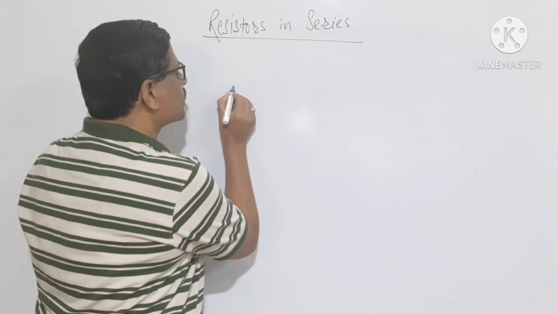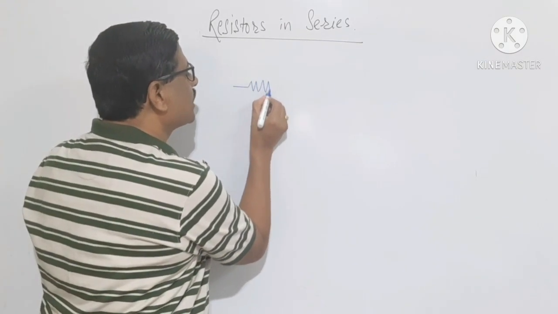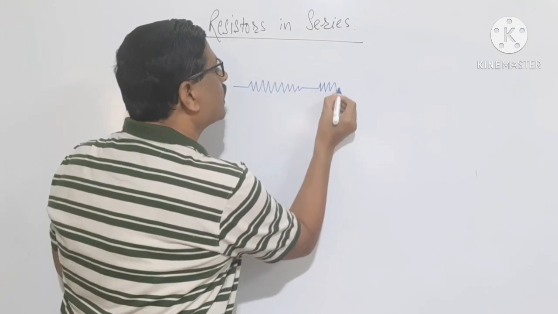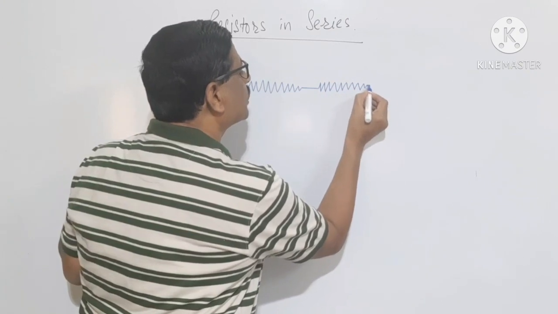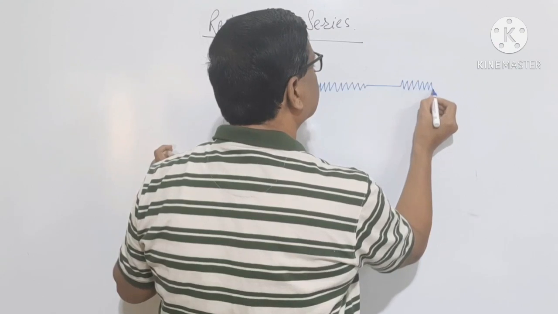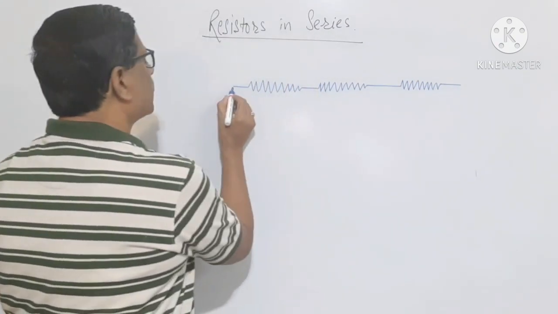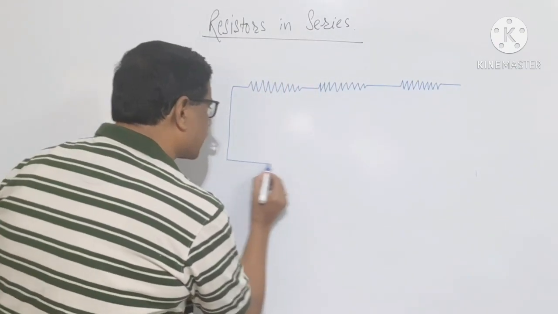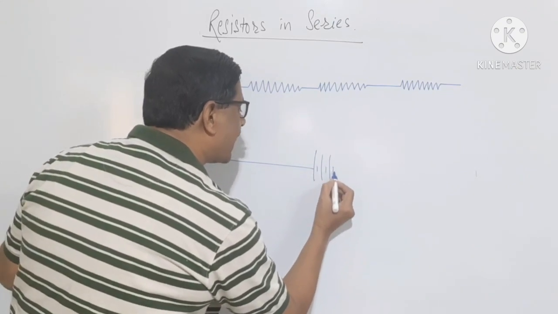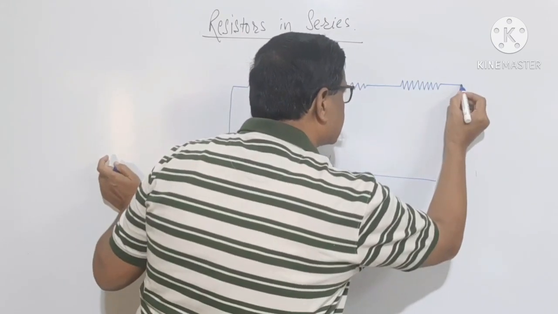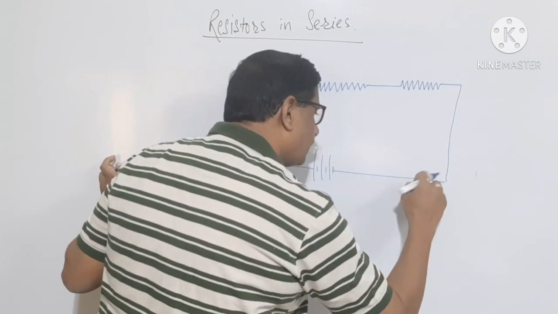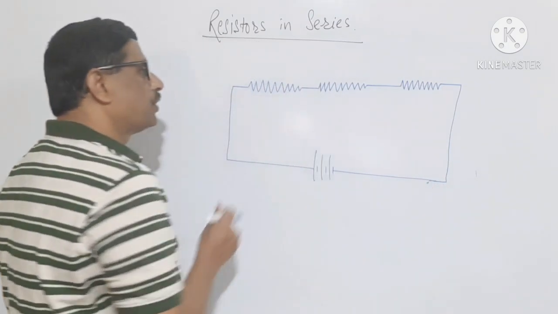The resistors are said to be connected in series if they are connected in such a way that the resistors are connected one after another, and the one end of the first resistor is connected to a source of electrical energy, that is the battery, and the other end of the last resistor, which is connected in series, is connected to the negative of the battery.